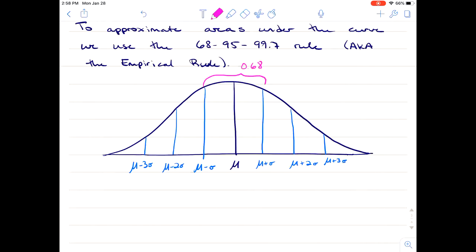Just knowing that this total area is 0.68, I can find all kinds of areas. I can find the area between mu and mu minus sigma. Because it's symmetric, I can just split this 0.68, and this sliver would be worth 0.68 divided by 2, and this would be 0.68 divided by 2.